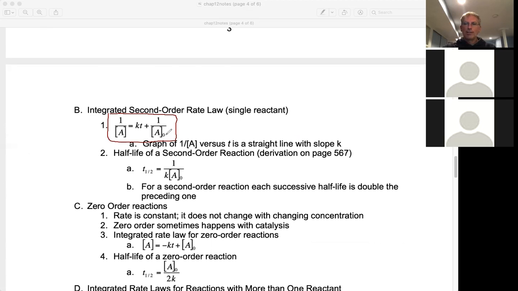That's what that little 0 down there means, concentration in the beginning. And you should ask yourself, wait a minute, rate equals K times A squared. That's the same equation as this equation over here. And the answer is that these things are differential equations.